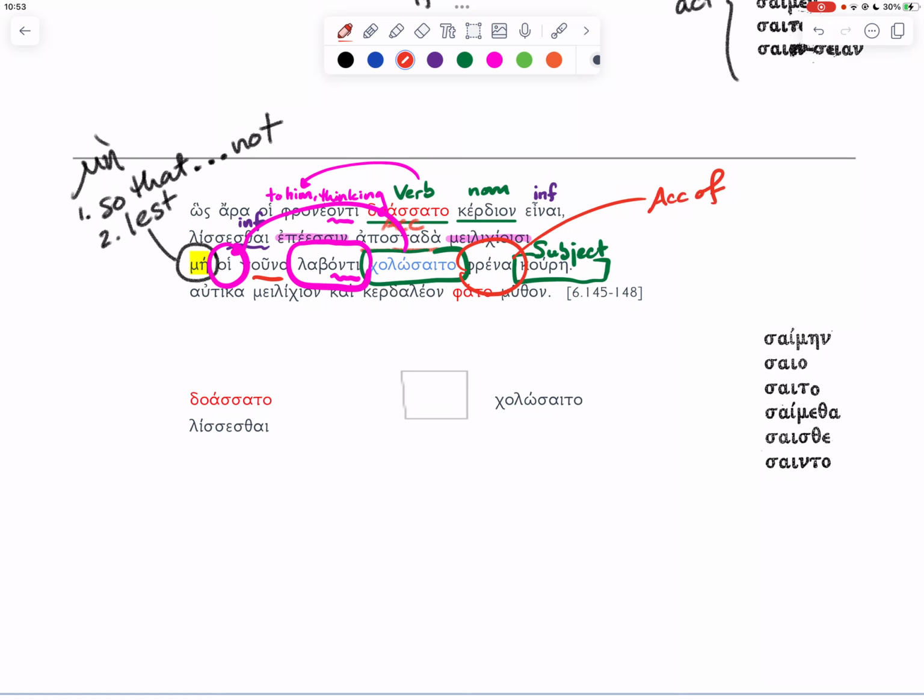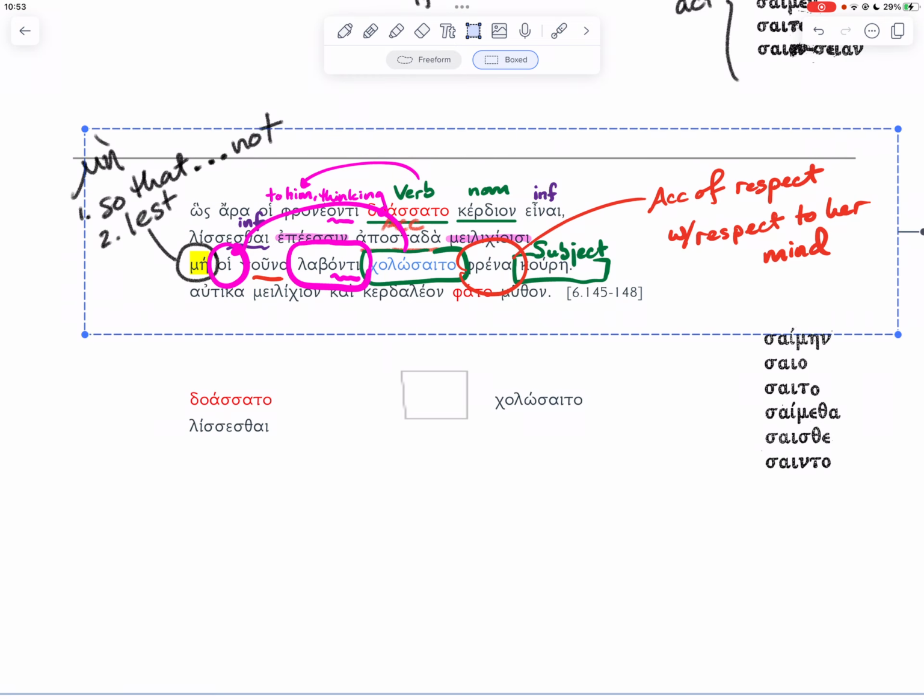This is called an accusative of respect, and you translate it as with respect to her. Frena is mind. So, lest she become angry in her mind, this young girl, at him as he was grasping her by the knees. And so what did he do after that?